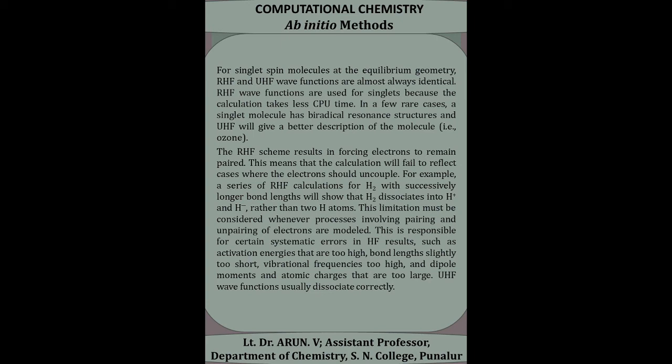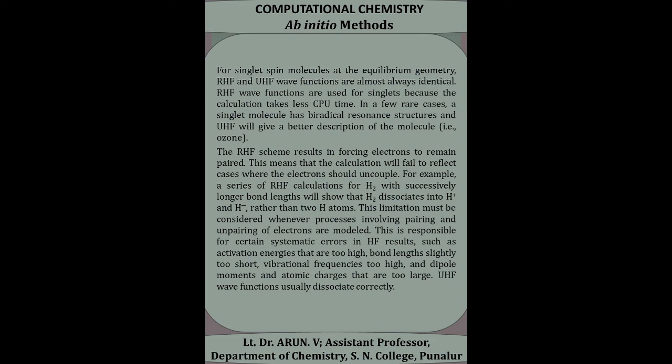The RHF scheme results in forcing electrons to remain paired. This means that the calculation will fail to reflect cases where the electrons could uncouple. For example, a series of restricted Hartree-Fock calculations on the hydrogen molecule with successively longer bond lengths will show that the hydrogen dissociates into H plus and H minus rather than two hydrogen atoms.